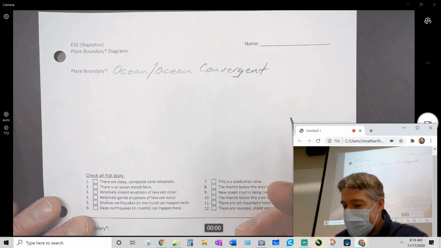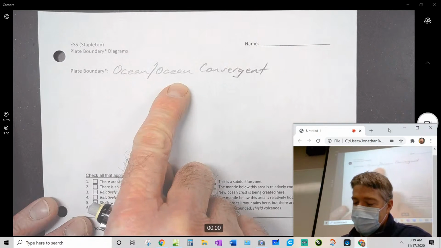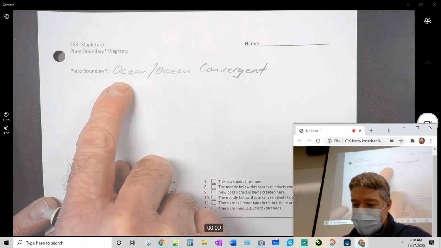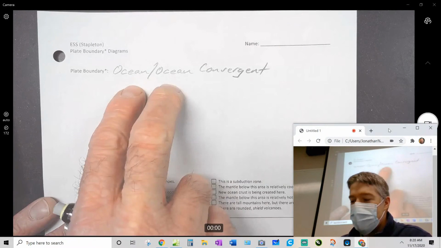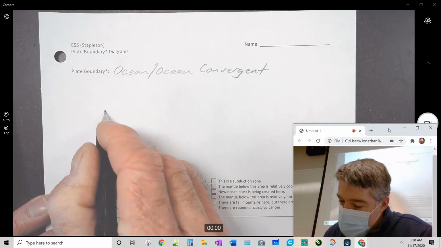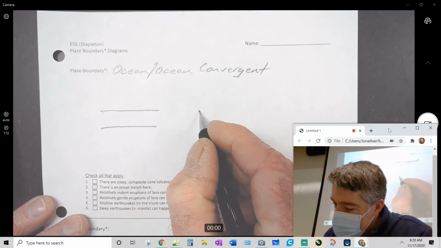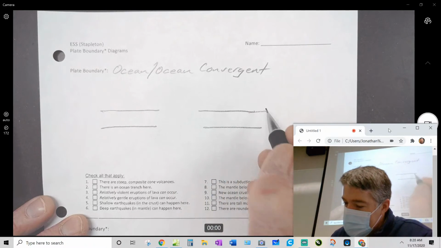Plates. How many plates? What kind of plates? How thick are they? What color? So 2 plates, light or dark? Dark. And since they're ocean crust, they're a little thinner, so I don't want to draw a super thick plate. So I'm going to draw 2 plates, and they're dark.